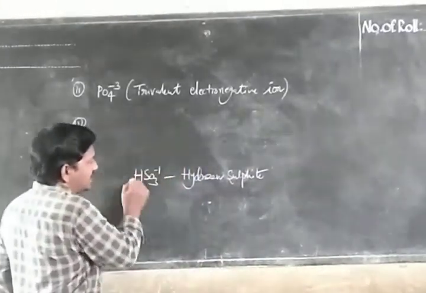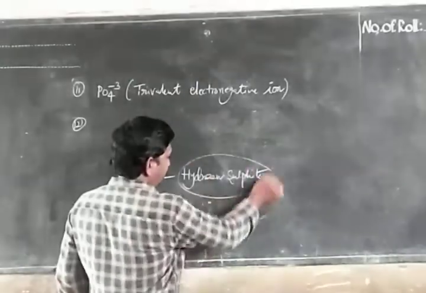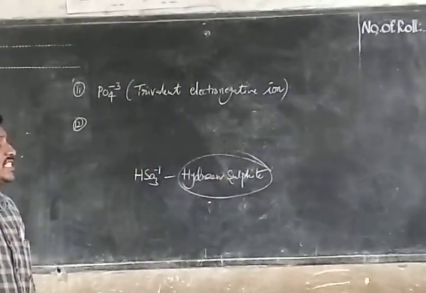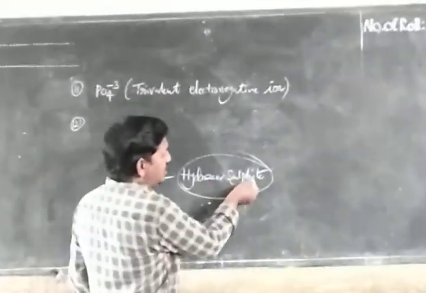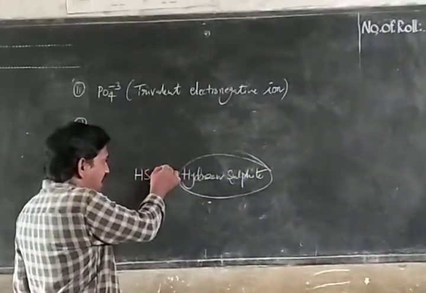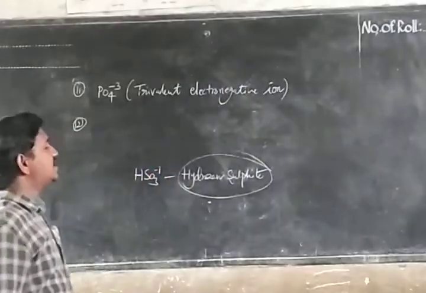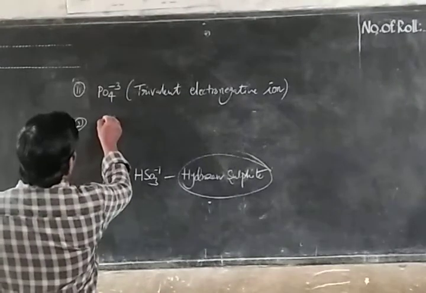HSO3 minus 1 is called hydrogen sulfate.